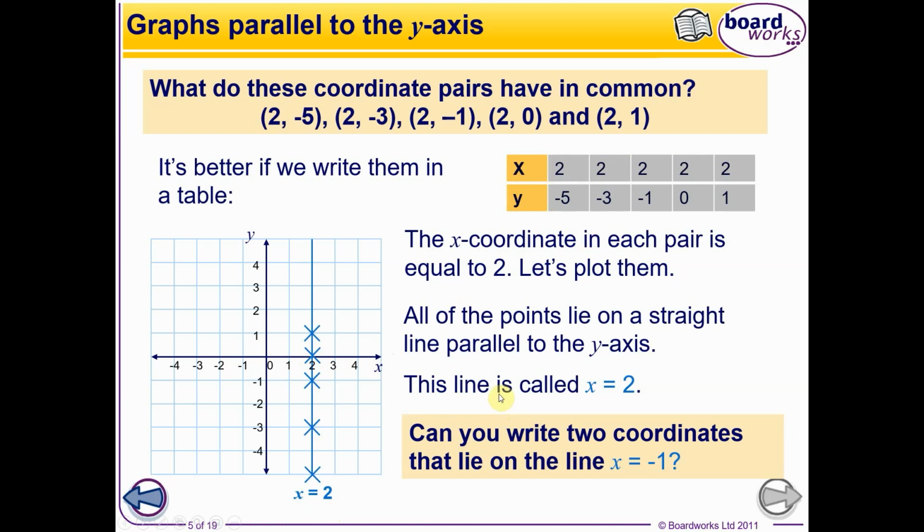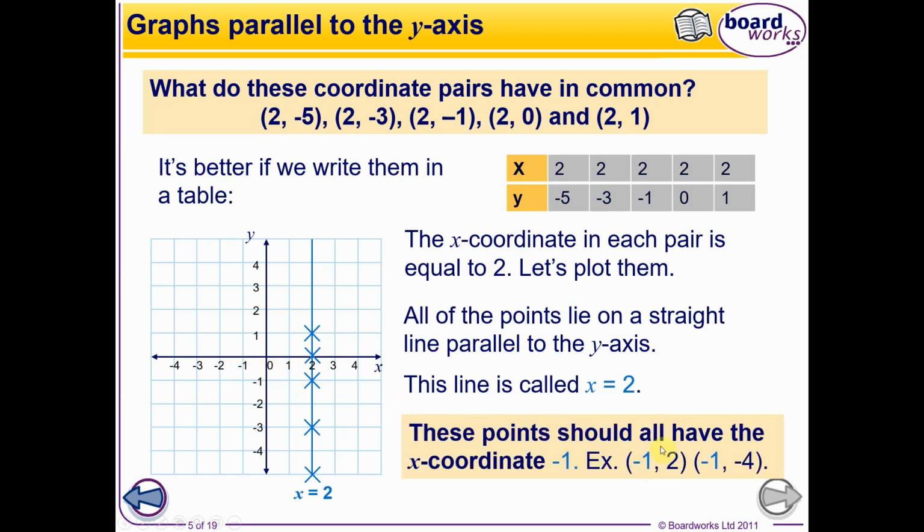Now we are asked to write two coordinates that lie on the line x is equal to minus 1. The most important thing to remember is in fact that x is equal to minus 1. So all the coordinates should have the x coordinate minus 1. Okay? It should pass from here, because x is equal to minus 1.